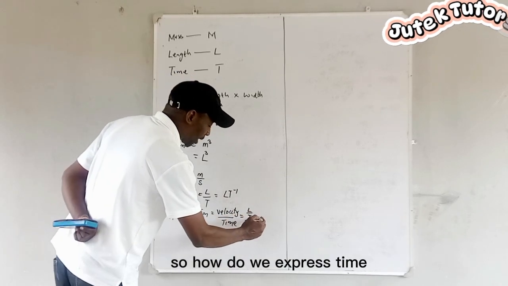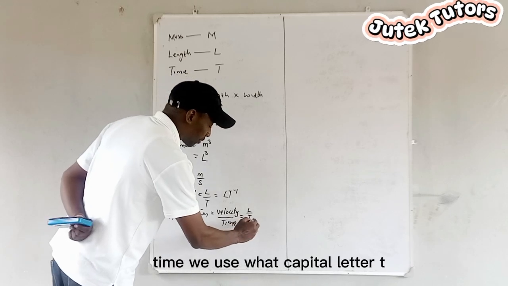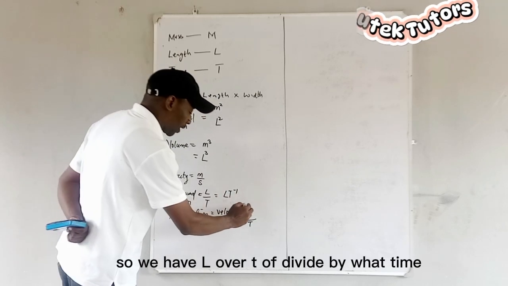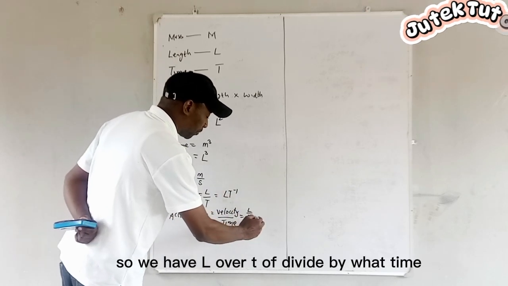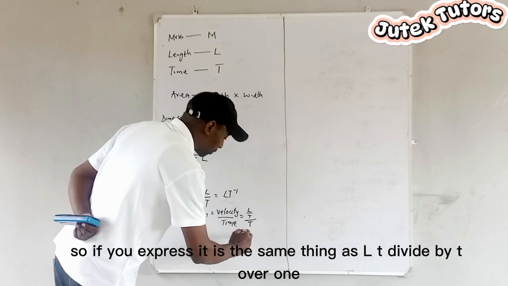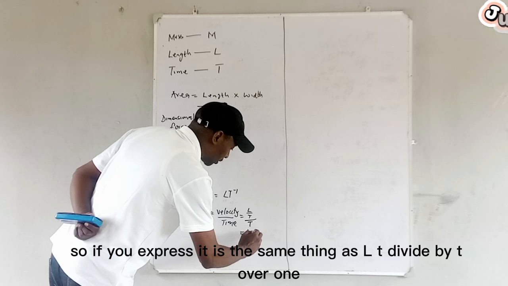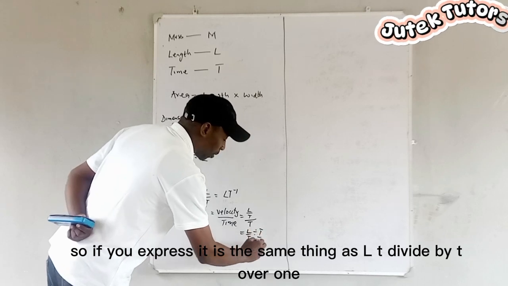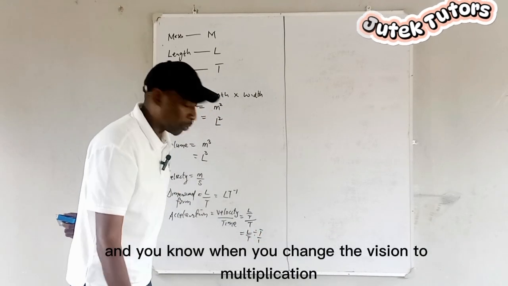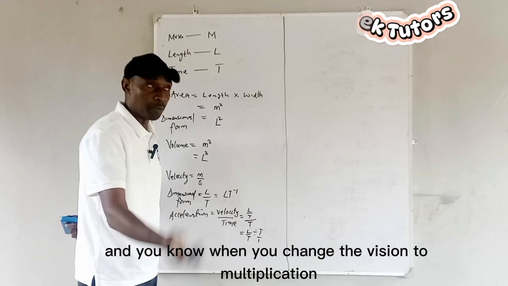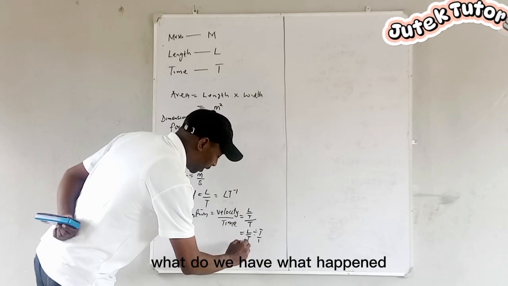So how do we express time? Time we use capital letter T here. So we have L over T divided by what? Time. If you express it, it's the same thing as L over T divided by T over 1. And when you change division to multiplication, what happens?